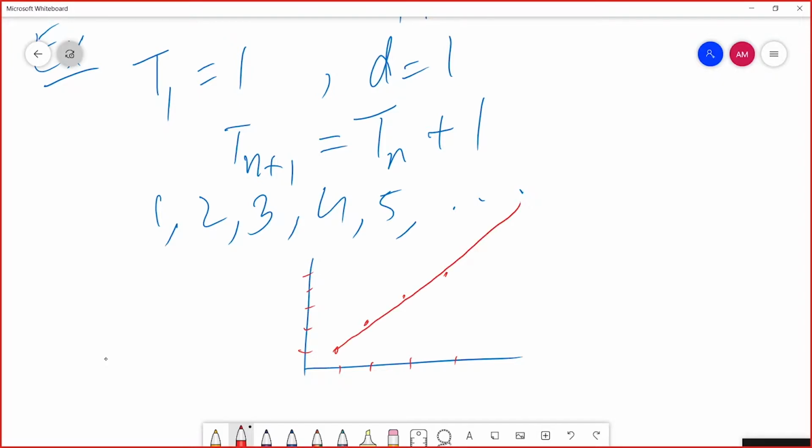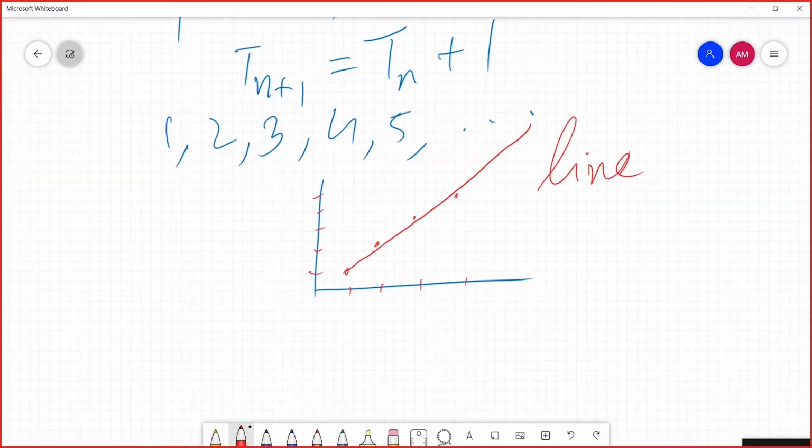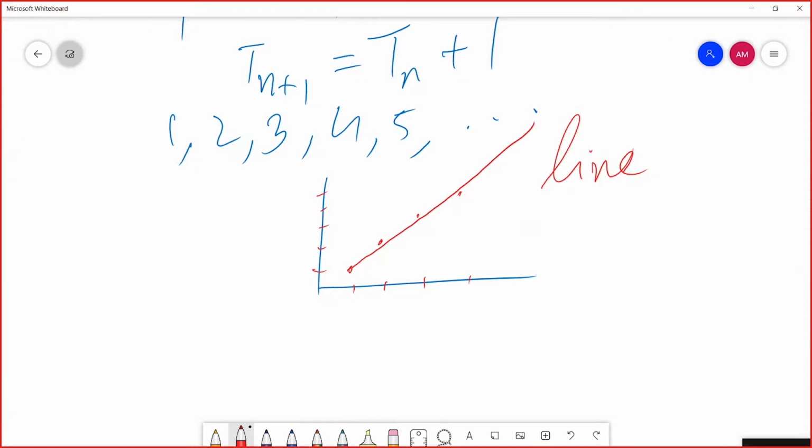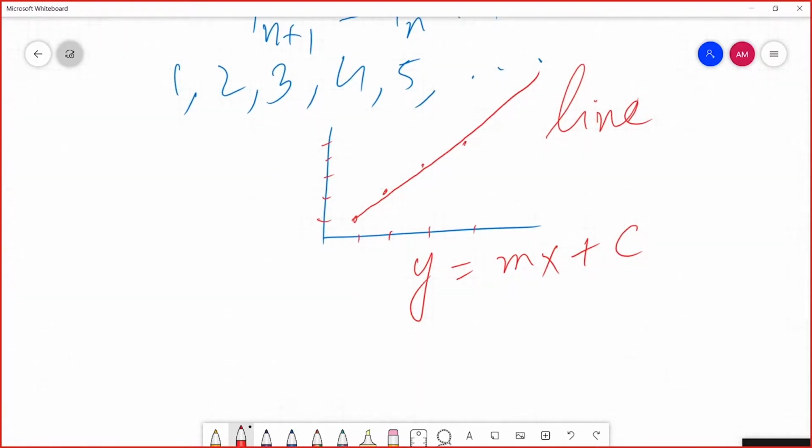What is this thing? It's a linear equation. A linear equation has the form y equals mx plus c.